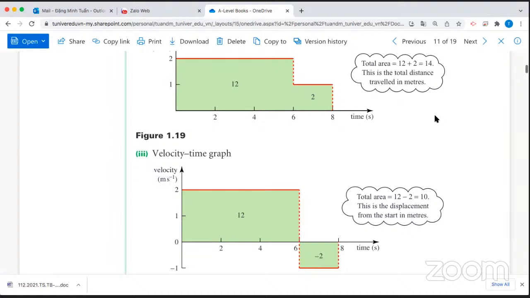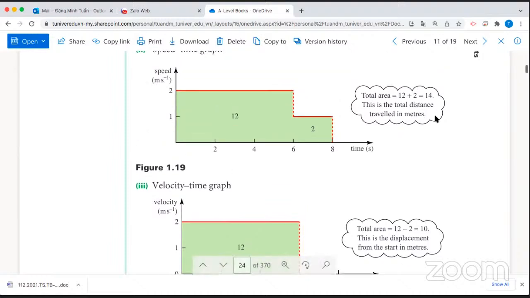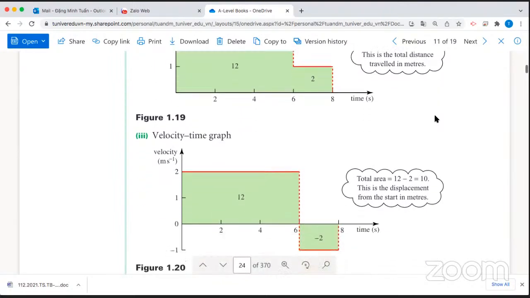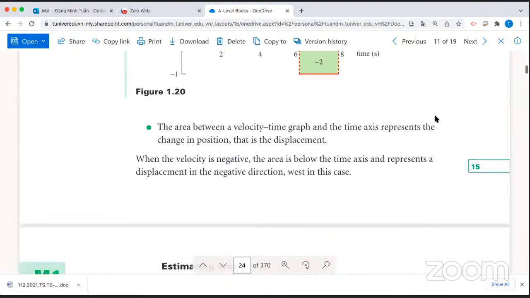So that's why the area here is 12 minus 2, which is 10. That's the displacement from the start in meters, okay? So you understand the difference between distance and displacement? Yeah. Okay, so remember this one if you study the speed-time or velocity-time graph.